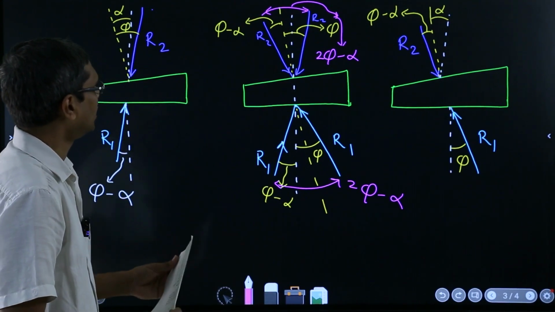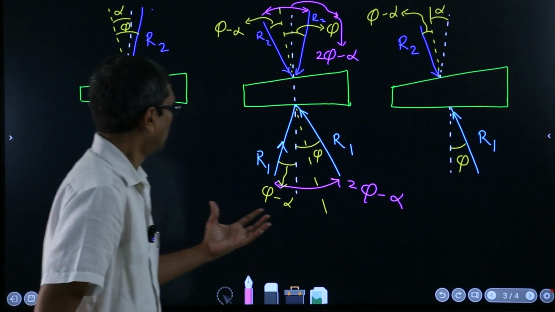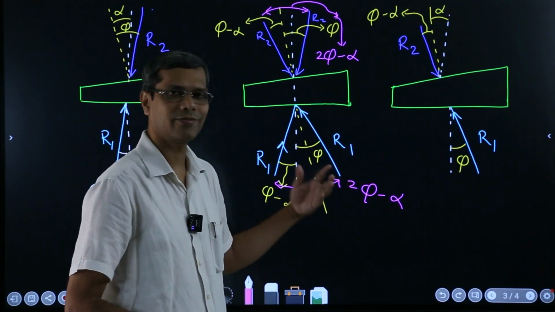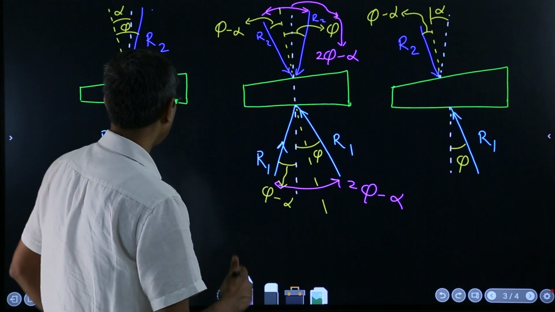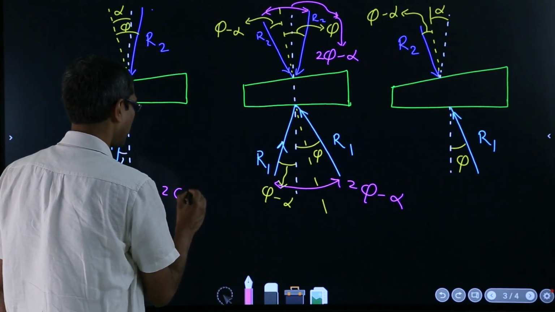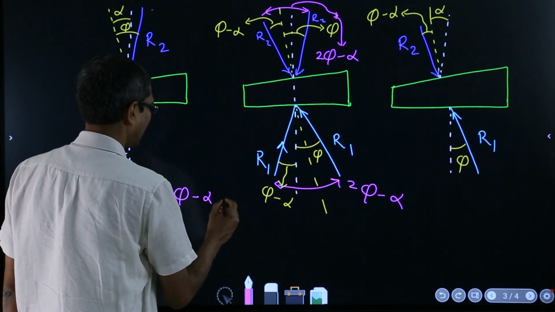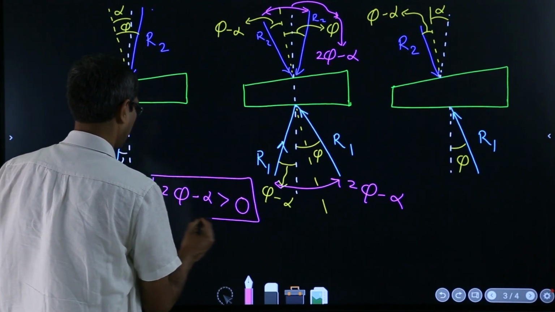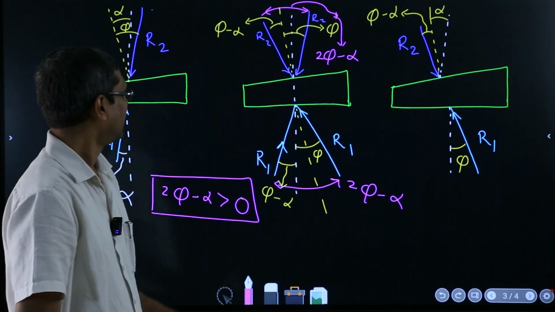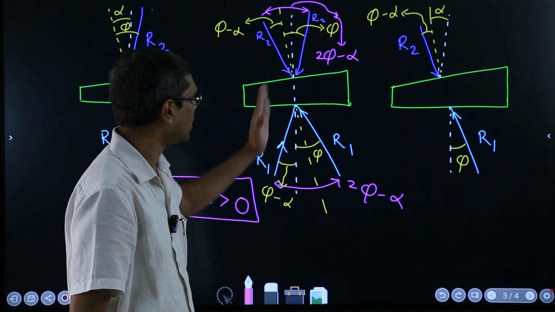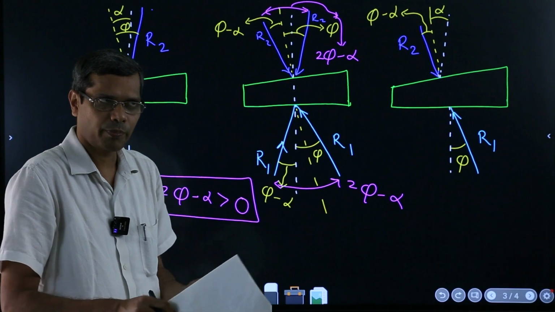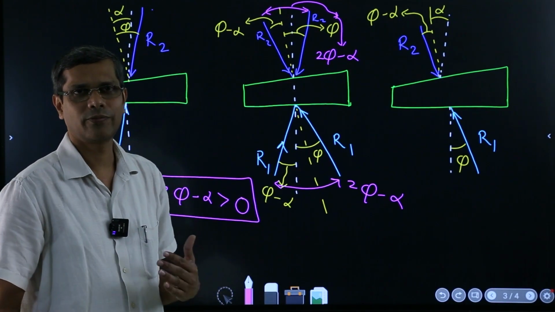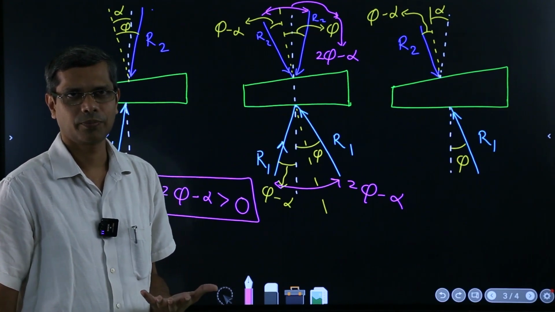Okay. Now that means if we have chosen alphas and phis in such a way that this 2 phi minus alpha is greater than 0, okay, then the R1s and R2s have some space so that they can adjust themselves, and both of them will be stuck. Okay.